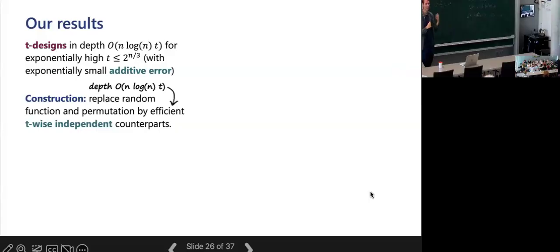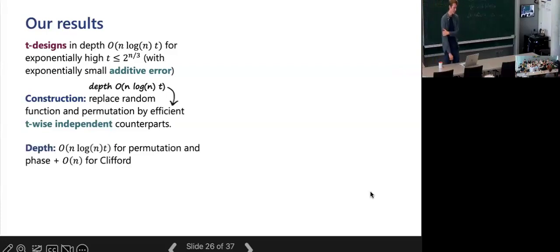Then you go back to the T design property of the PFC ensemble, and you're done. So that's a very simple replacement. The total depth that we get is n log nt for the permutations and the phase from this Kasparov construction, and then order n. So this is how to get linear depth T designs.